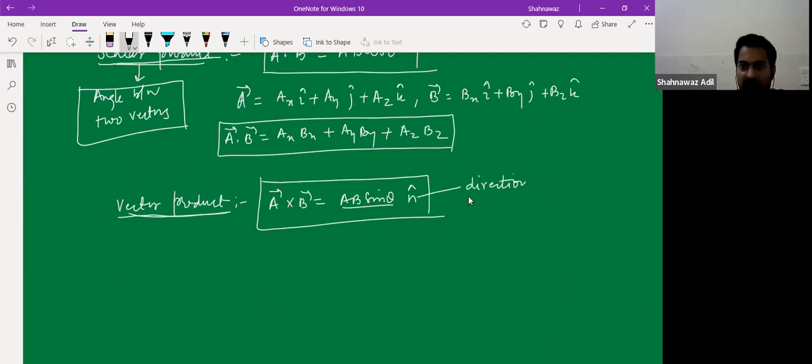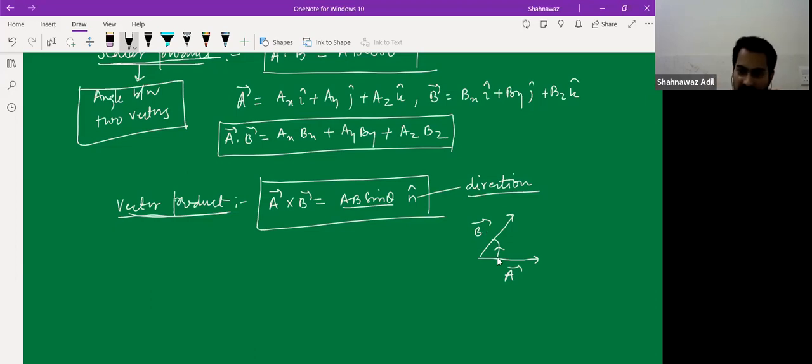And this is calculated with the help of the right-hand thumb rule. If you place your palm in the A direction, and when you roll your hand, the direction that your thumb gives is the direction of the cross product.